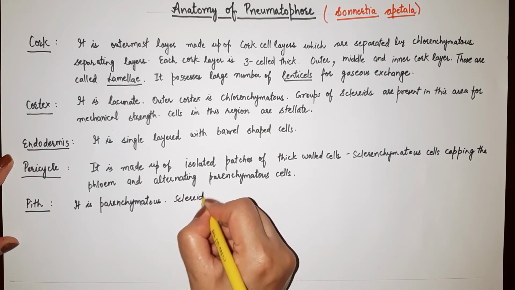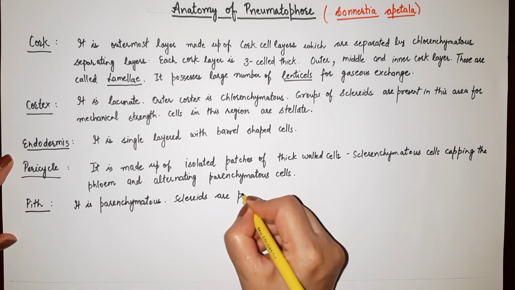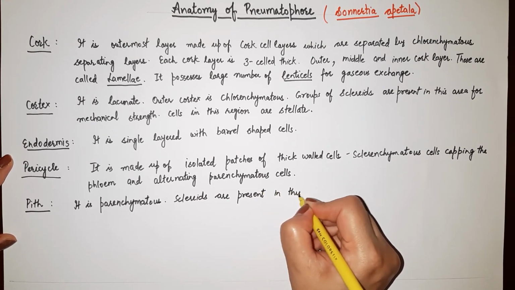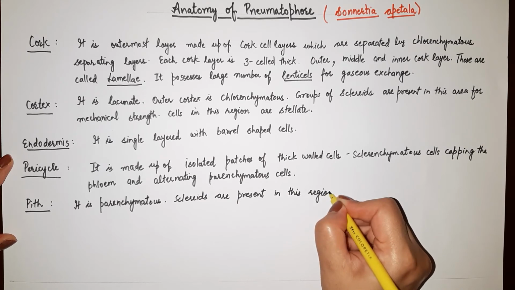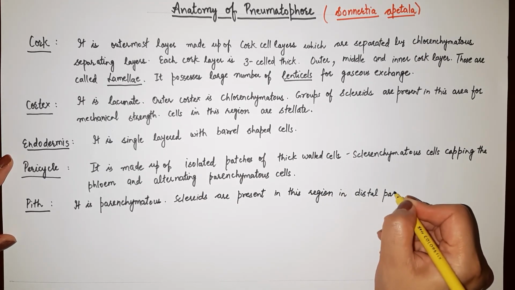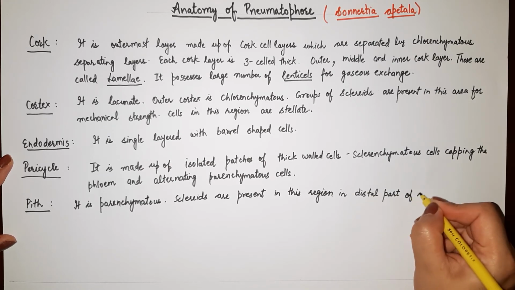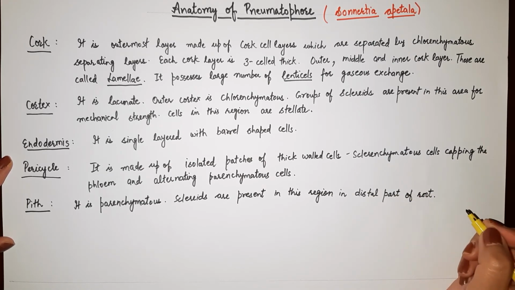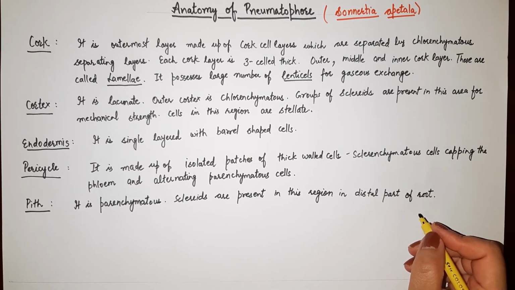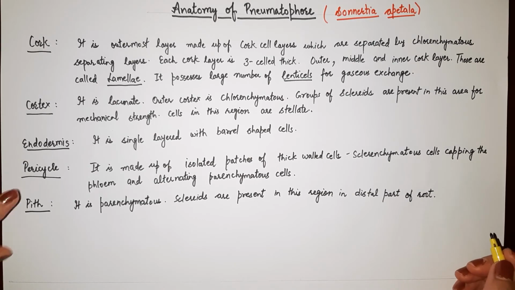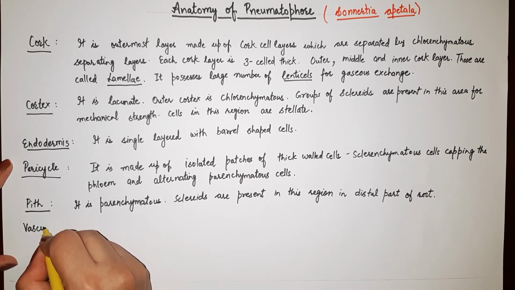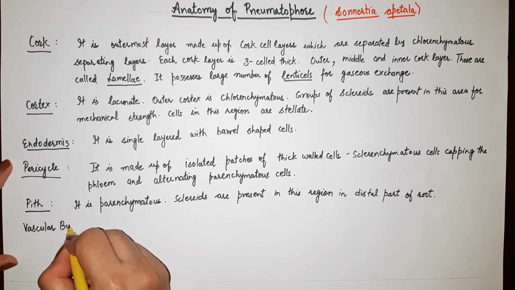Sclereids are present in this region in distal part of root. Okay, means pneumatophores. So the distal part, the terminal part, there in the pith region sclereids are present and they are for mechanical strength.